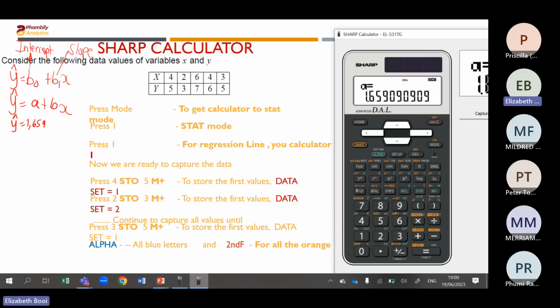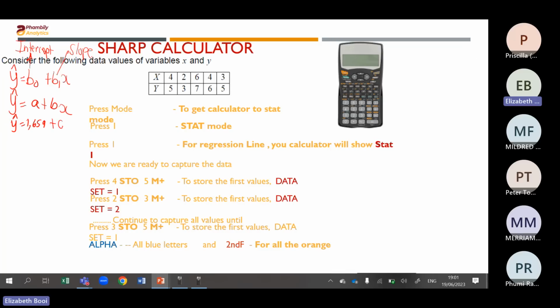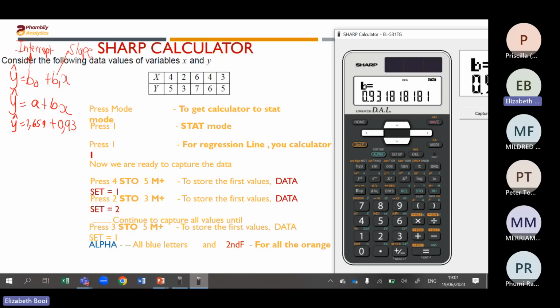And then to find our slope, we say alpha, open bracket, equal, and our slope is positive 0.9332.